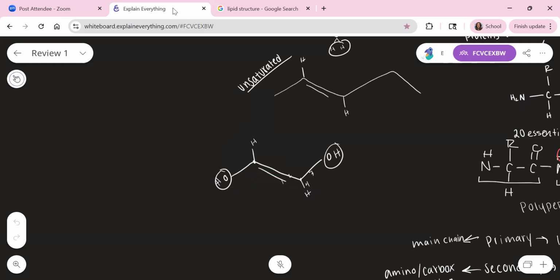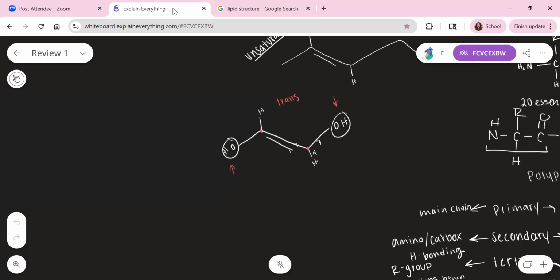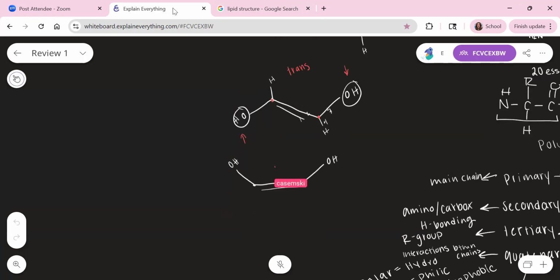When we are looking to determine if something is cis or trans, we have a higher priority group here and a higher priority group here. When the two higher priority groups are on different sides, that means it's trans. If I have something like this, an OH here and an OH here, this would be considered cis because my two higher priority groups are on the same side.